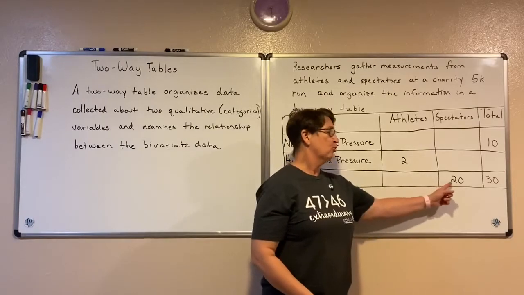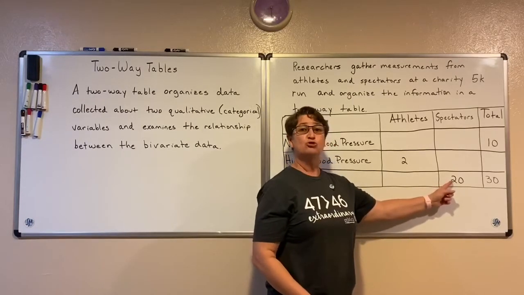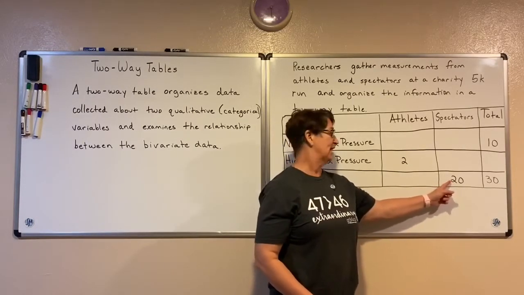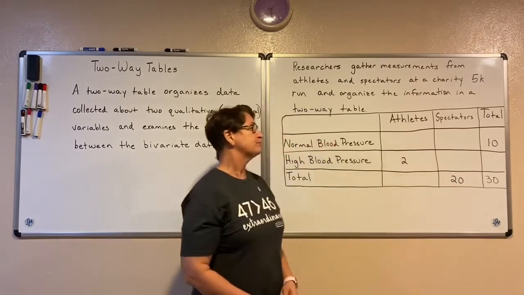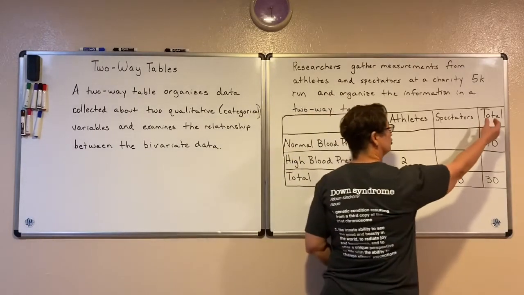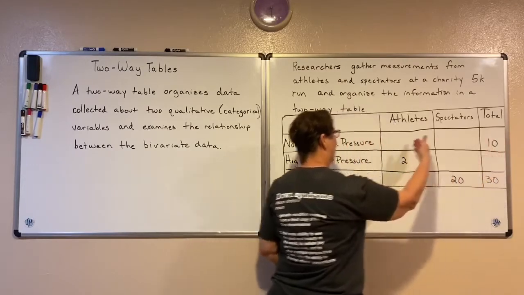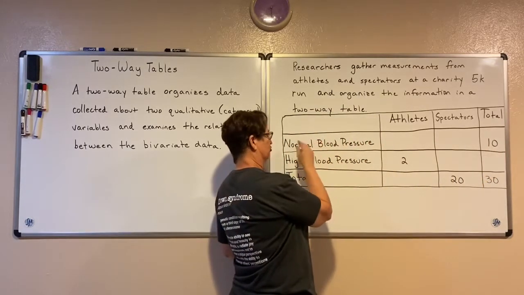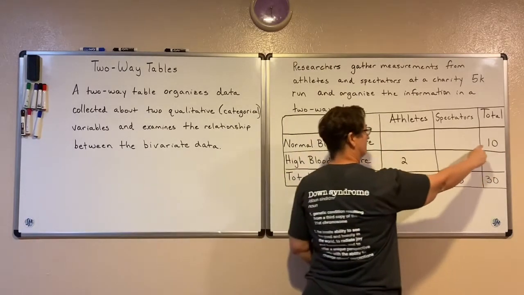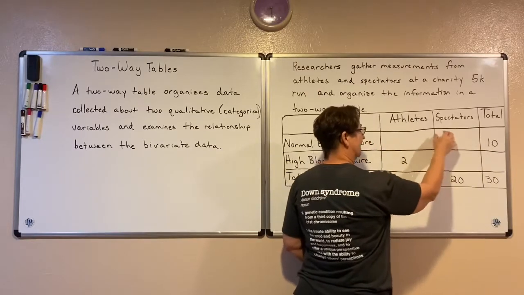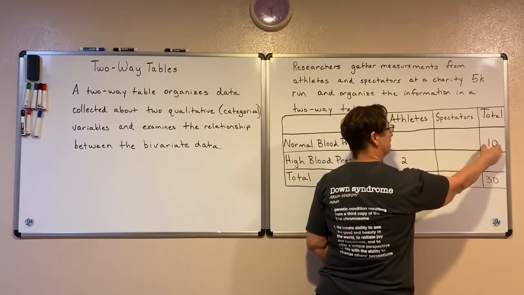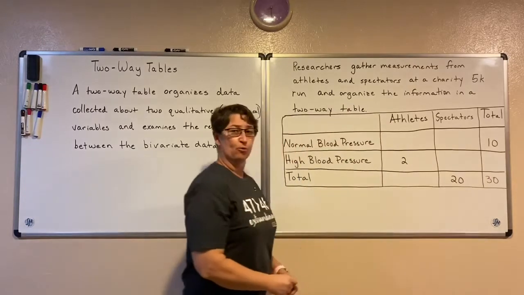So here we know we had 20 total spectators. That's what that 20 tells us. And this is the total number of our blood pressure. So we had 10 people, athletes and spectators, 10 people had normal blood pressure.